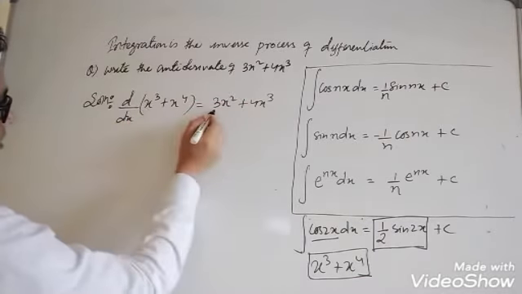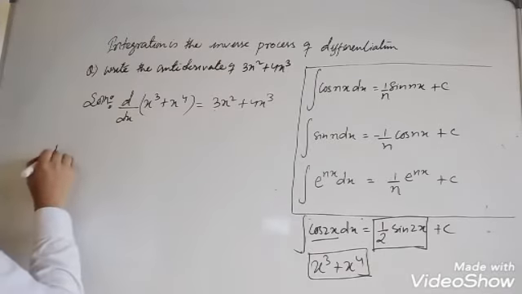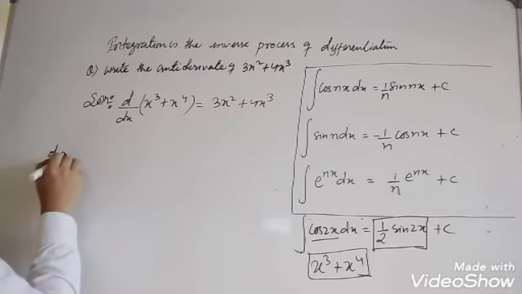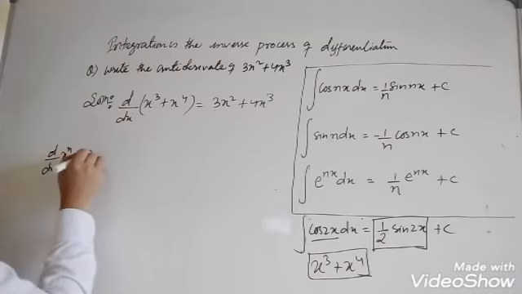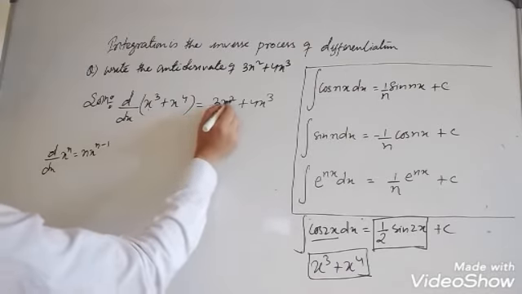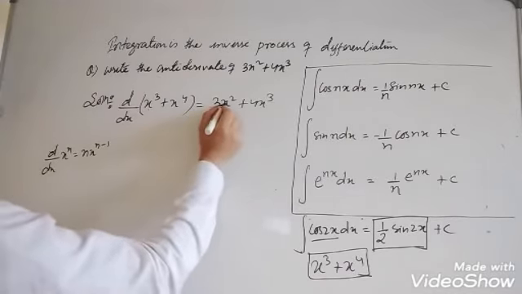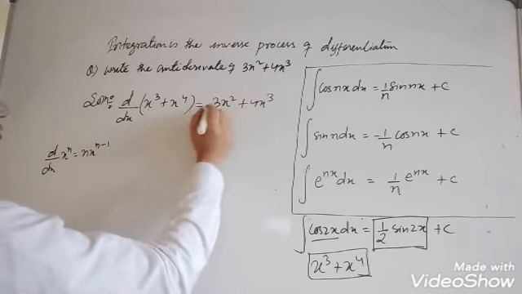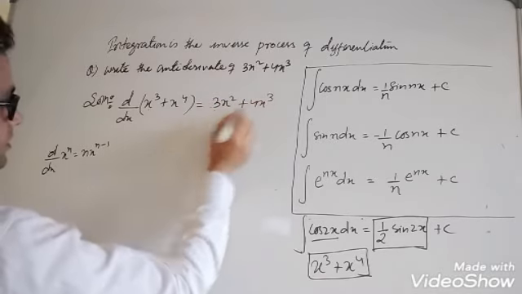Differentiation of x cube is 3x square, because d/dx of x to the power n is nx to the power n minus 1. So x cube gives 3x square, 3 minus 1 is 2. x to the power 4 gives 4x cube, 4 minus 1 is 3.